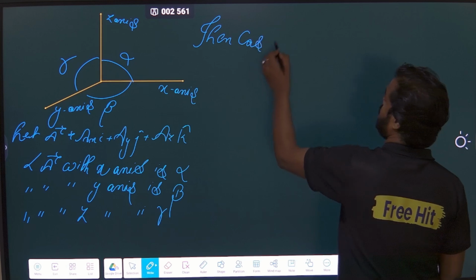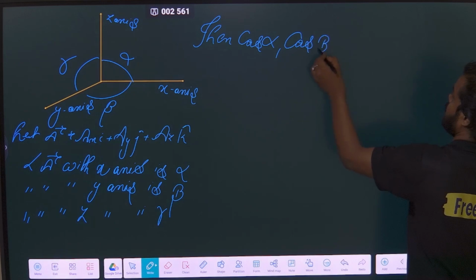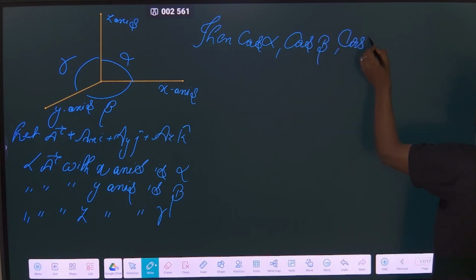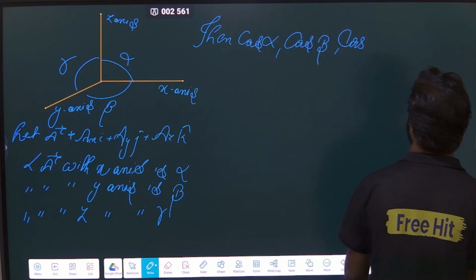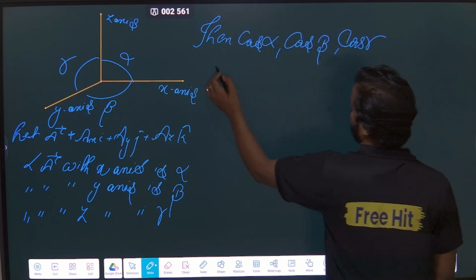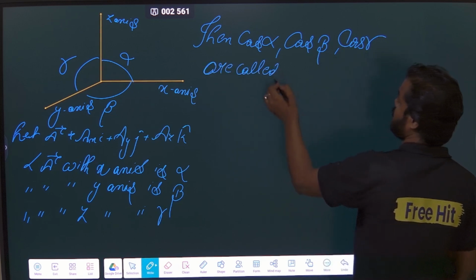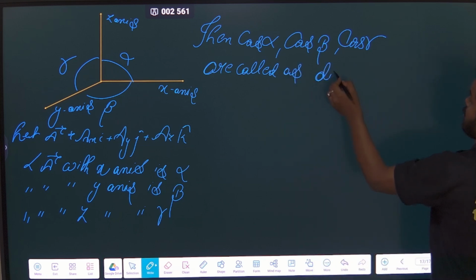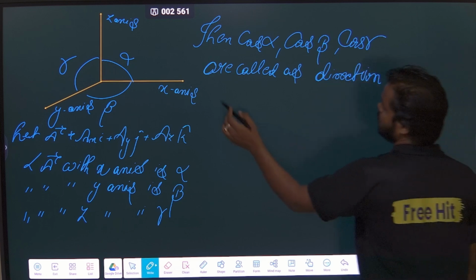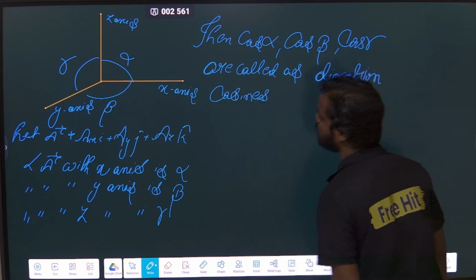Then cos alpha, cos beta, and cos gamma are called direction cosines.